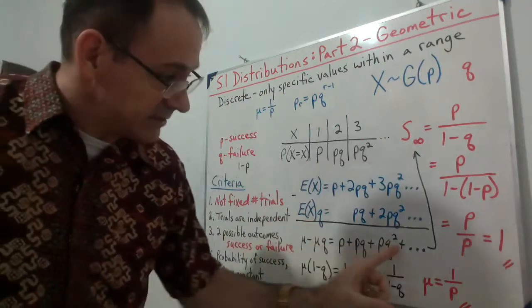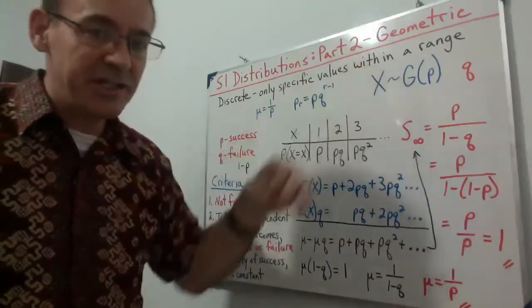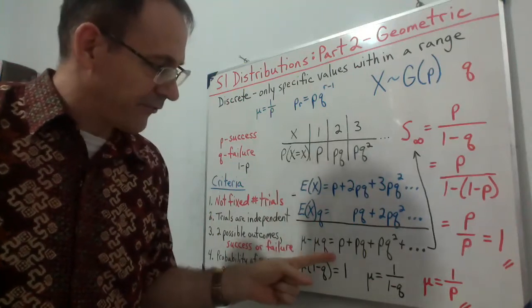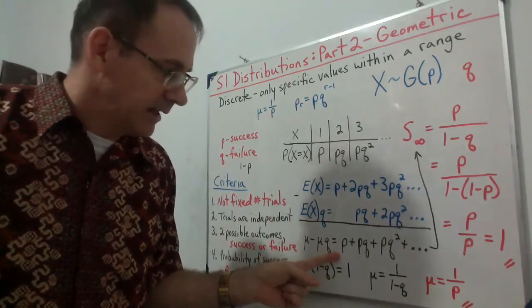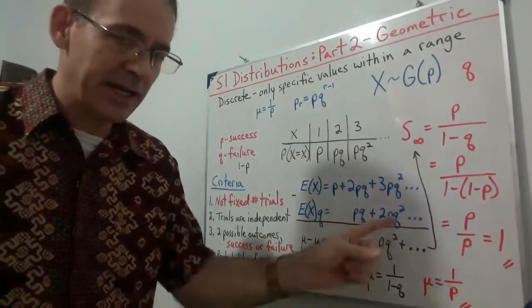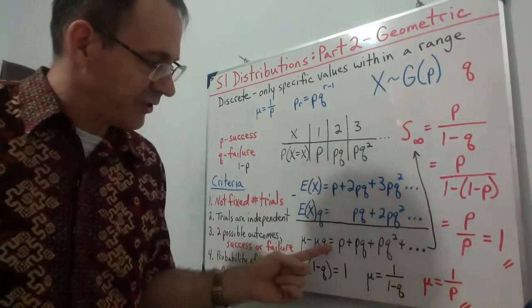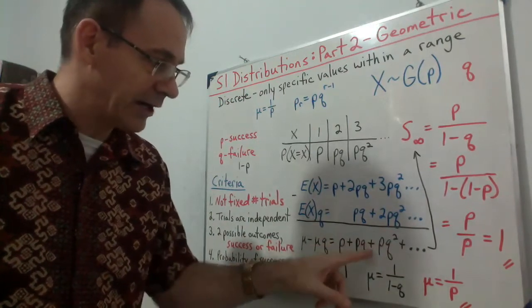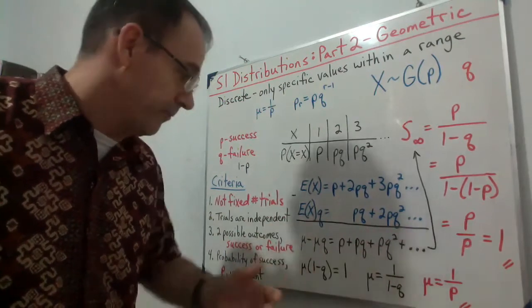And this follows a geometric sequence, where the first term is P and the ratio is Q. In other words, each term gets multiplied by Q as you go along. So this becomes actually a geometric series because you are adding the sequence as you go.